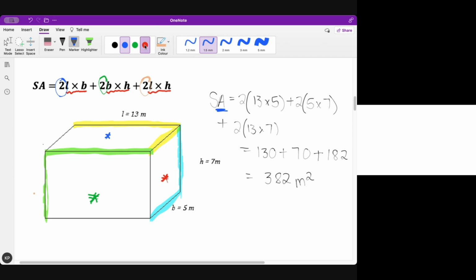Do you see that inside the brackets, the 2 doesn't have units? Do we all agree with that? The 2 is a constant. It doesn't have units. So here you have meter times meter and another meter times meter and another meter times meter. And then when you end up adding, this is already meter squared plus meter squared plus meter squared.